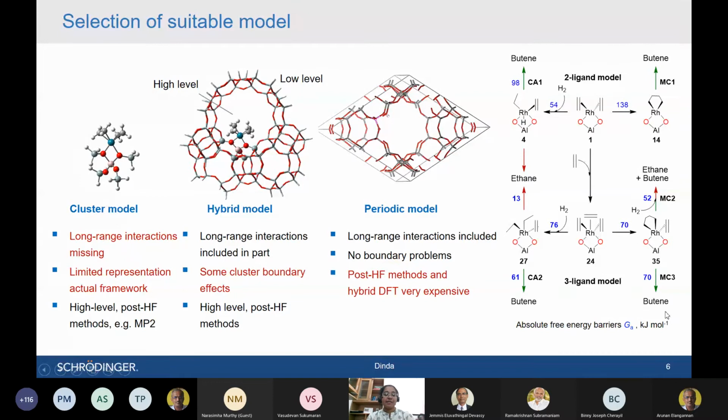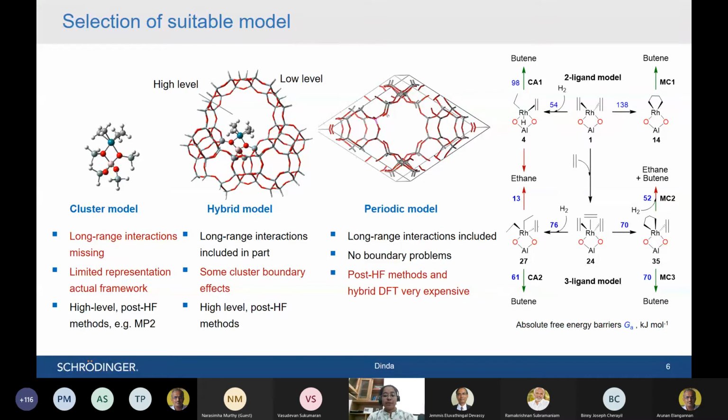As I mentioned in my earlier slide, this zeolite is a complex system. Ideally we should do a periodic model, but here there are hundreds of possibilities for how the molecules interact and undergo several elementary steps to get the final product.